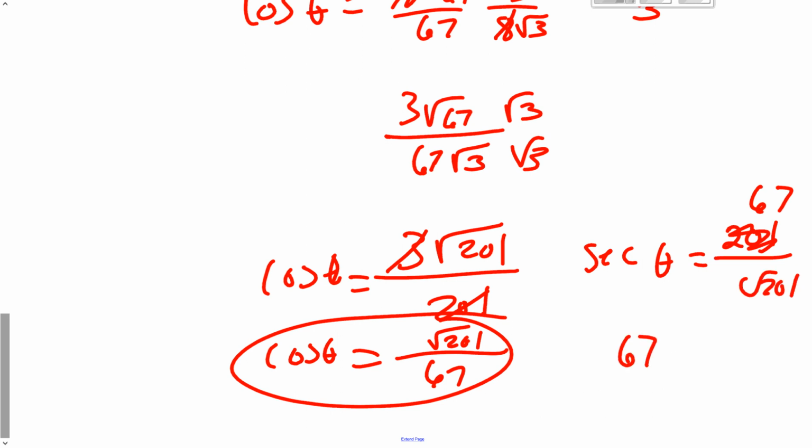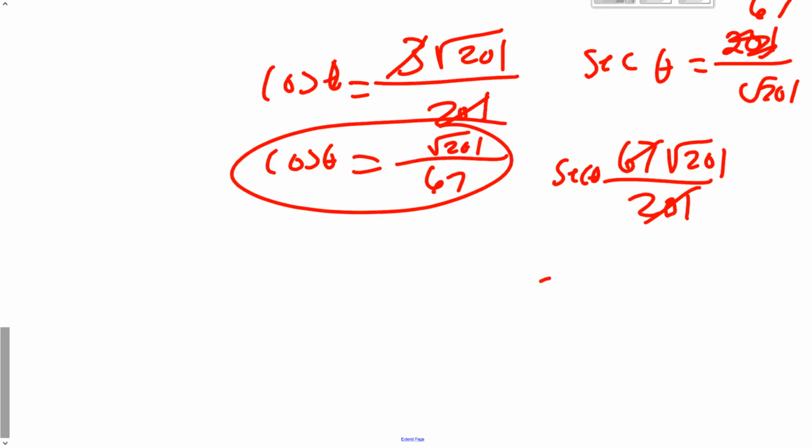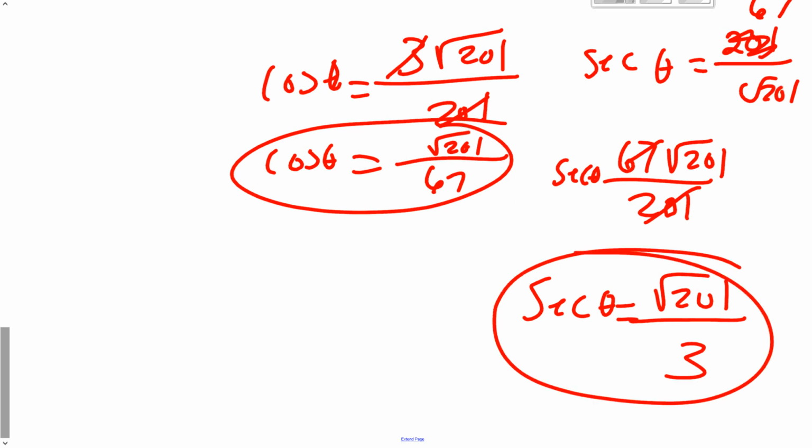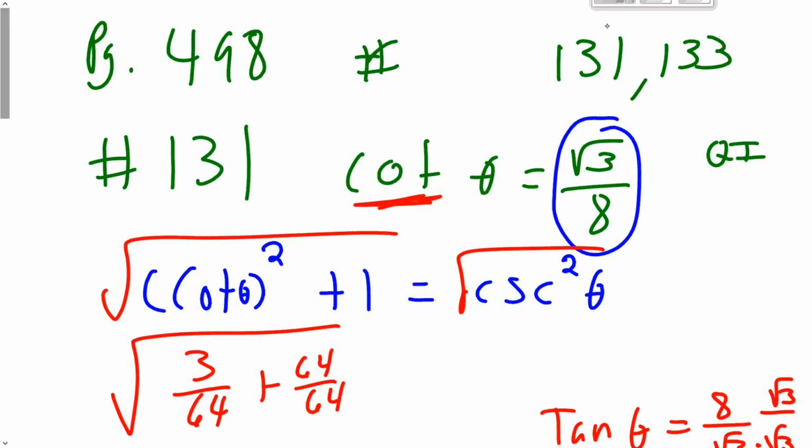So 67 over square root 201 over 201. 201 is going to reduce, right, by 3. So secant of theta will equal square root 201 over 3. So there's all 6 of them. Okay, so there's number 131. Now let's go ahead and do 133. So number 133.